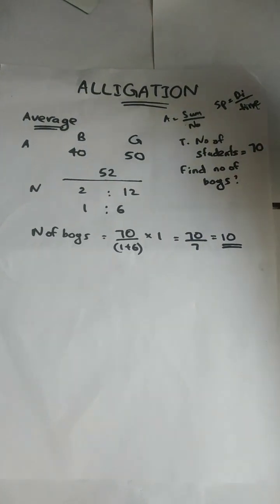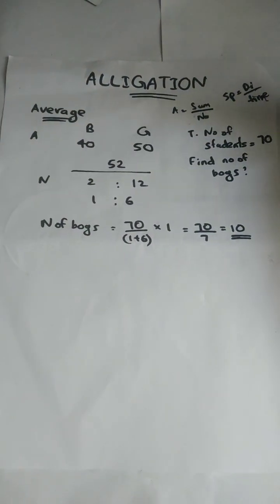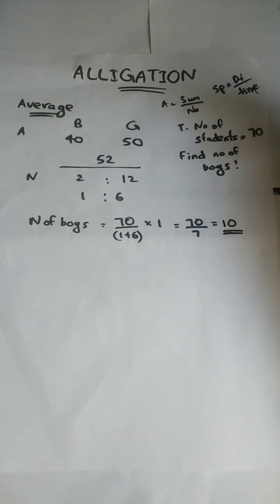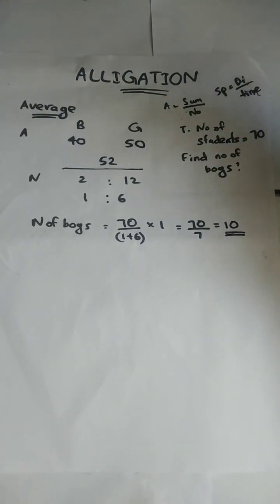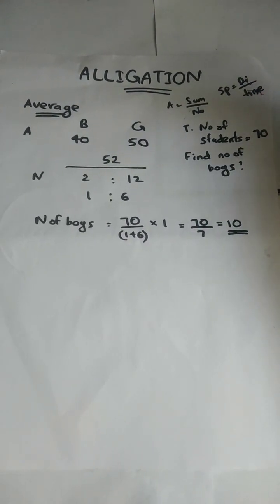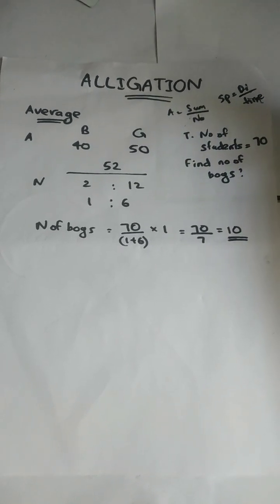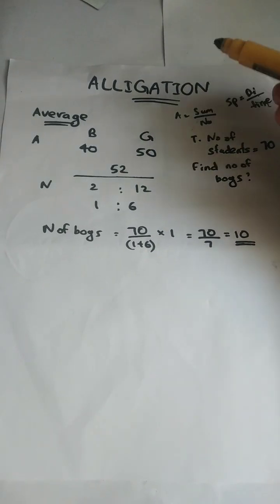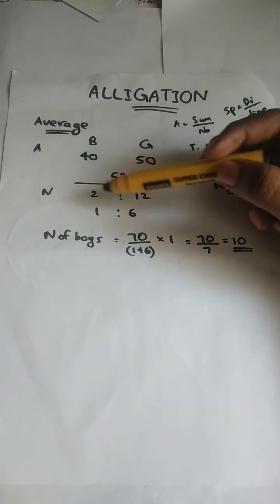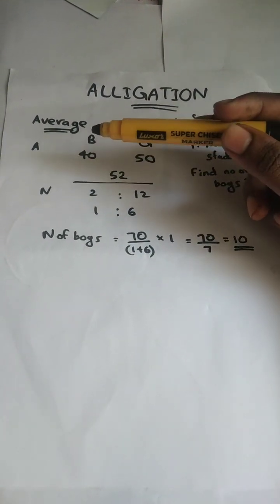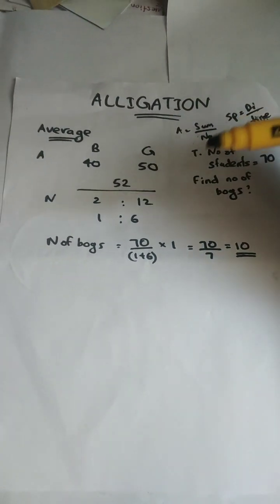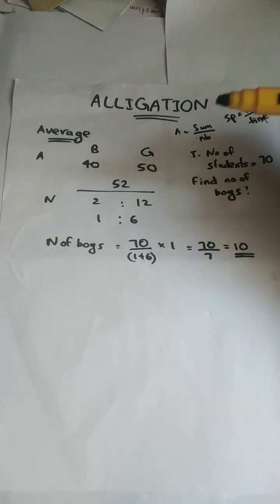So we can move on to the video, and further to the concept of allocation. Allocation can be applied to any of the topics like average, profit and loss, percentage, speed, distance and time, anything. If we want to find an average, the end product that you would get would be the number of people or number of boys.